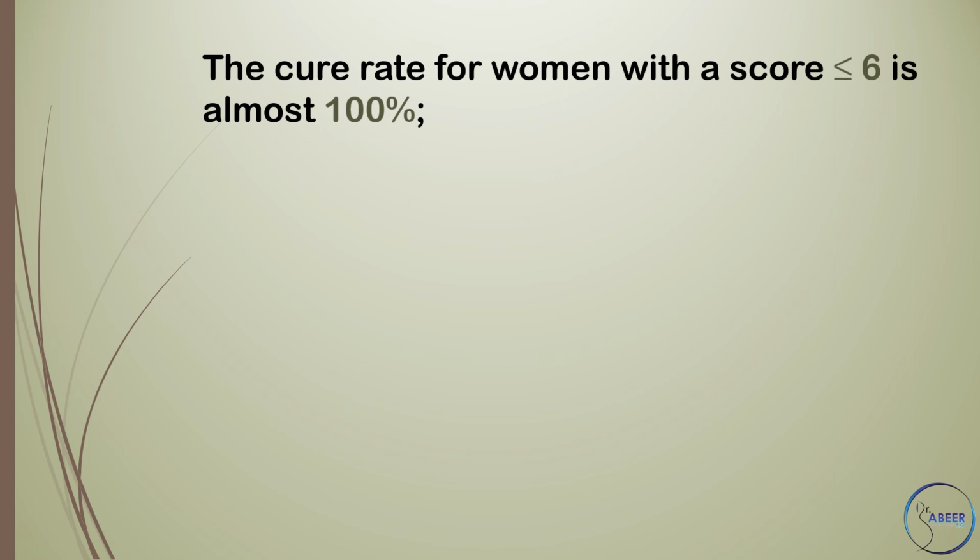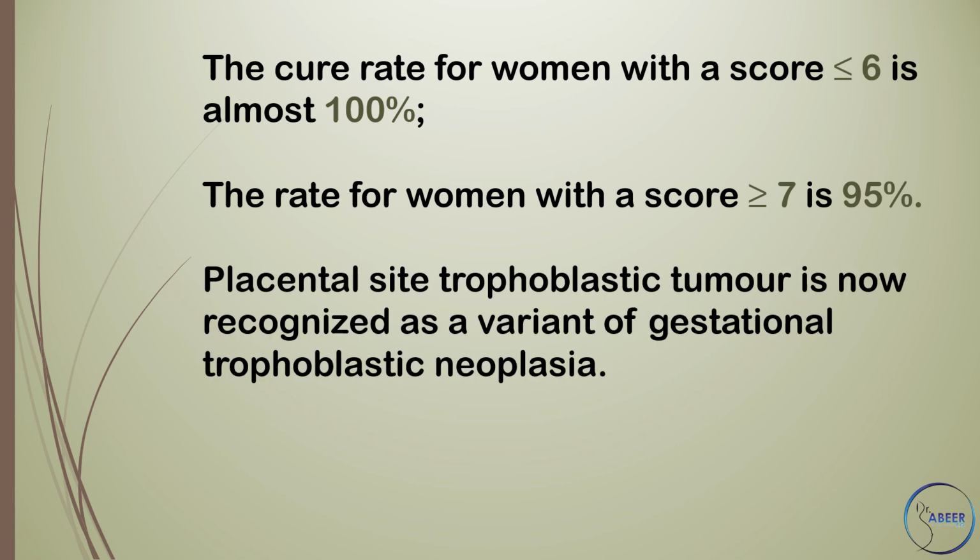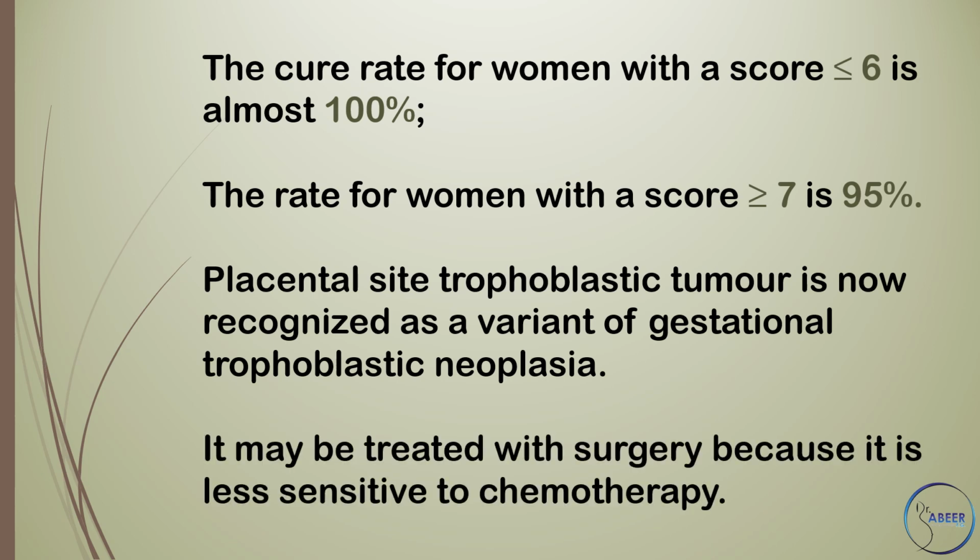The cure rate for women with a score of less than or equal to 6 is almost 100%, and the rate for women with a score of greater than or equal to 7 is 95%. Placental site trophoblastic tumor is now recognized as a variant of gestational trophoblastic neoplasia. It may be treated with surgery because it is less sensitive to chemotherapy.